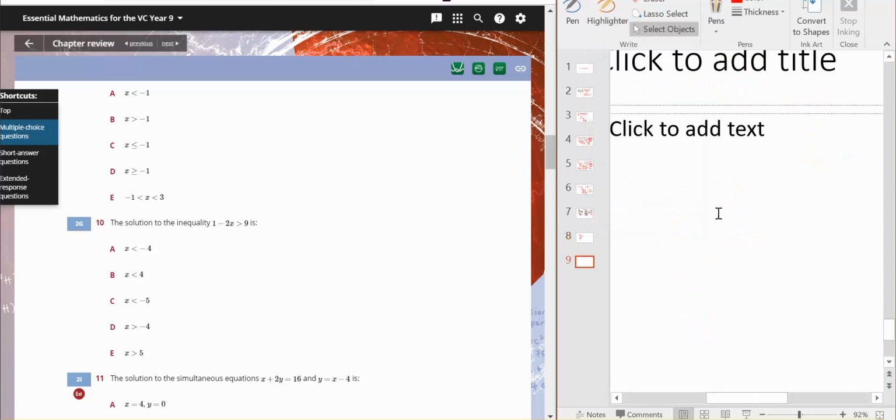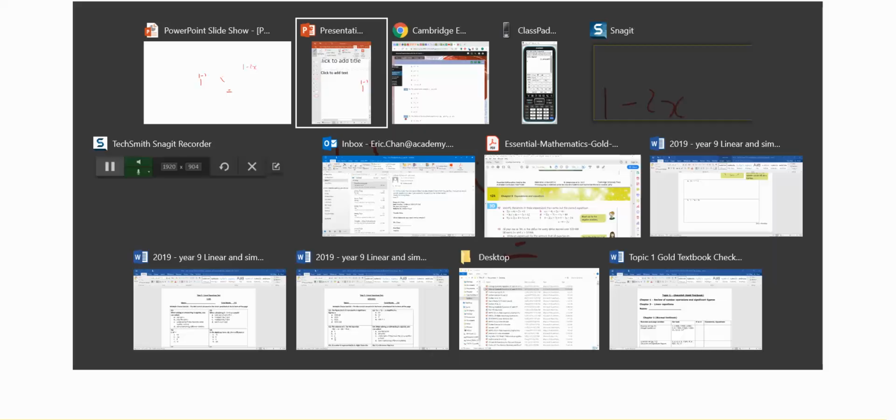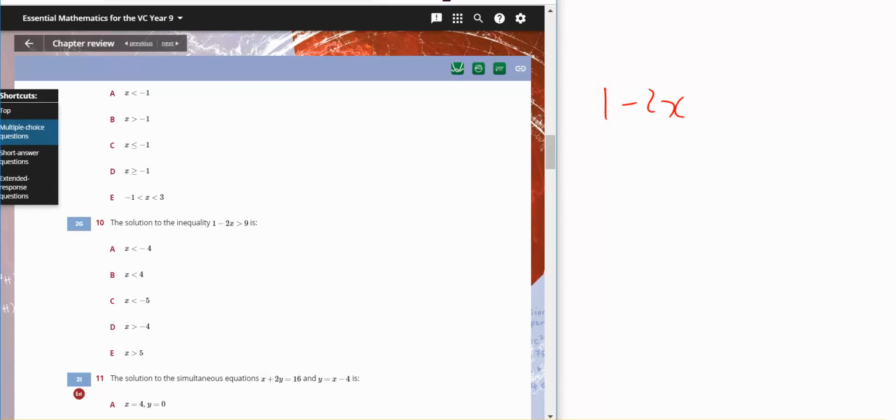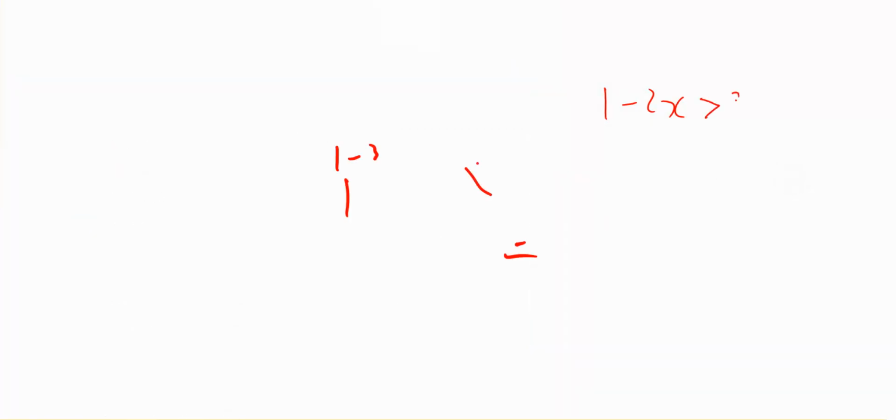For question 10, we're trying to solve an inequality: 1 minus 2x is greater than 9. I can't deal with the negative 2 first because it's multiplied by the x.